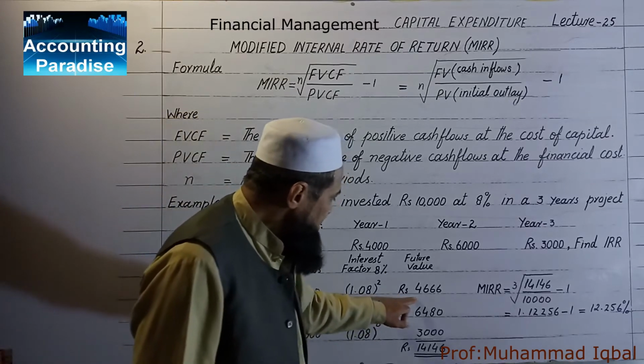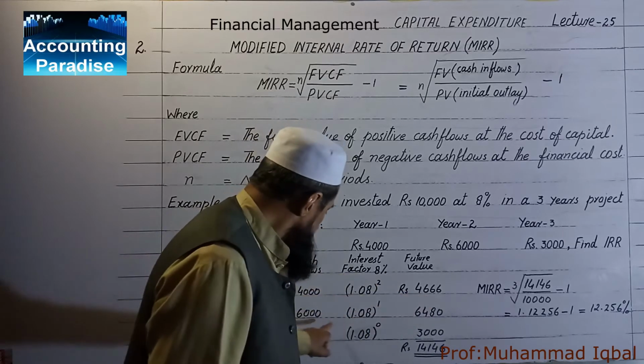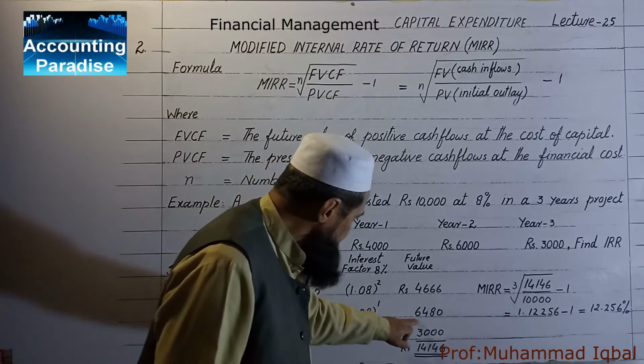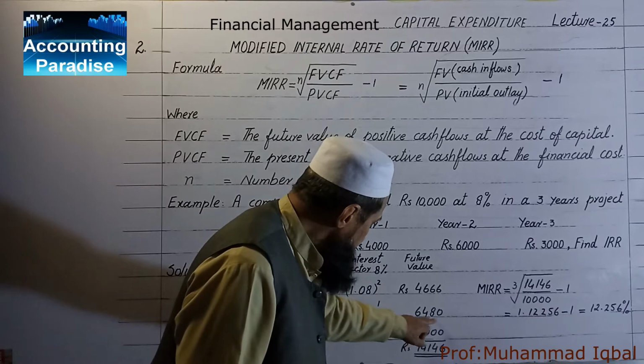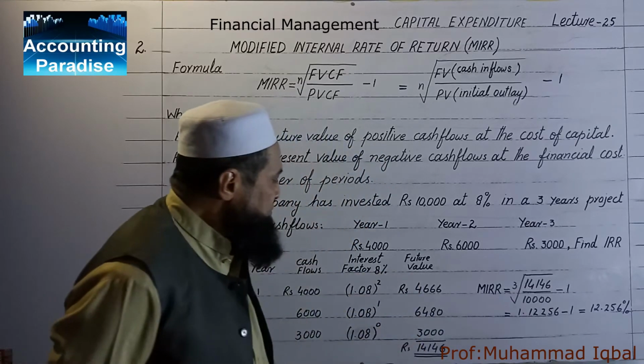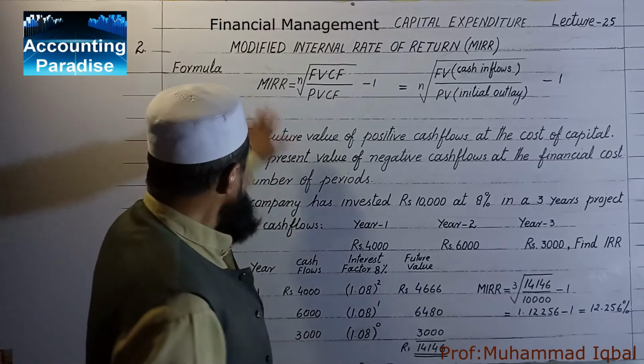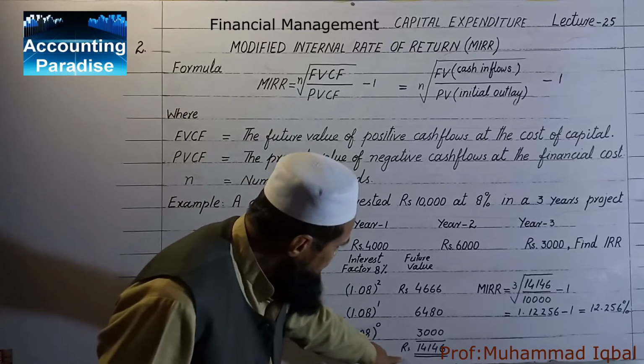So the future cash flows are 4,666, and for 6,000 it is 6,480, and 3,000 the same. The total is 14,146. According to the formula, these are the future cash flows.